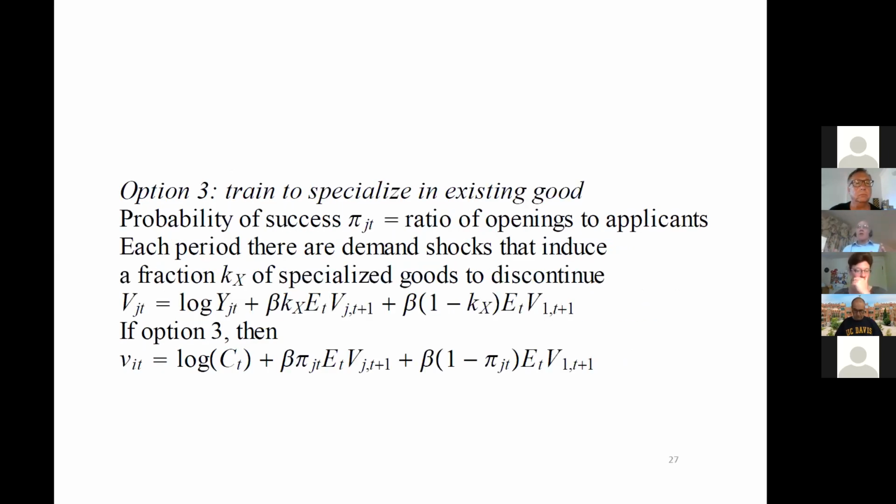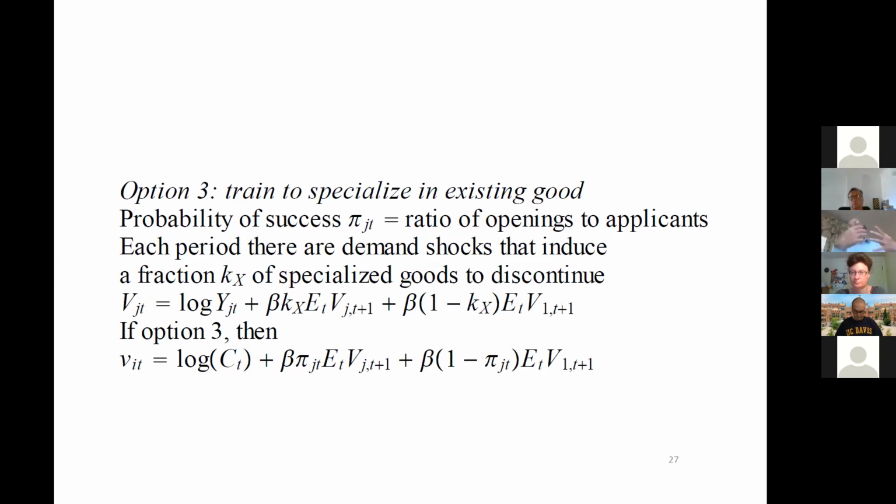And then a third option is you can train to specialize in an existing good. You know at time t which goods J are going to have potential openings at t+1. You know at date t how many people are going to be applying for those.